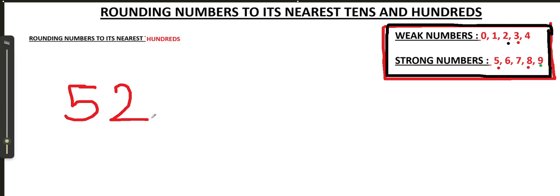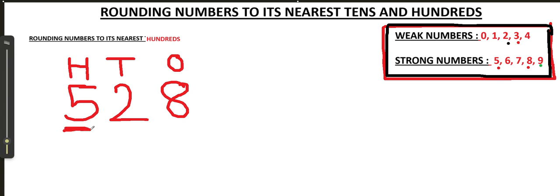528. Putting the place values, ones, tens, 100. I'm going to round off this number to the nearest hundreds. So I underline the hundreds place, but I look to the immediate right of that number, which is a 2. Now, that 2 is a weak number, as our chart says.